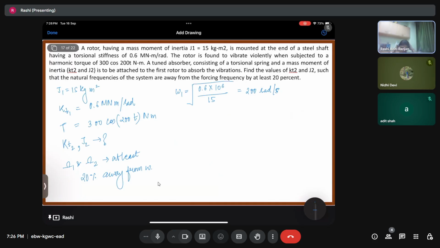So something like this is the current case, and we have to convert it into something like this.